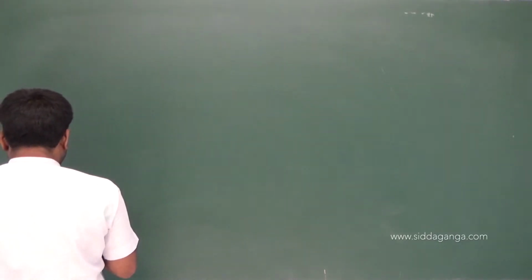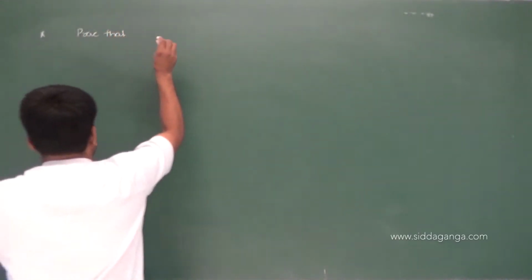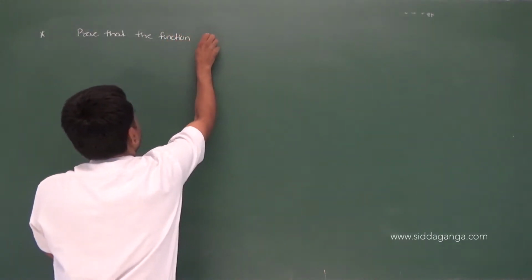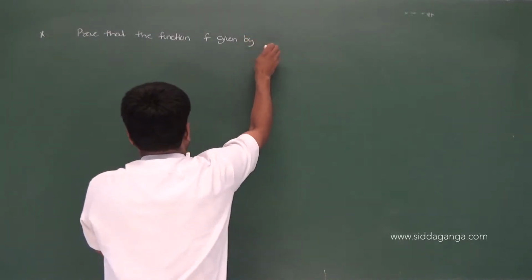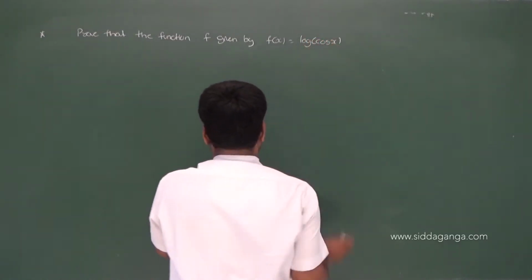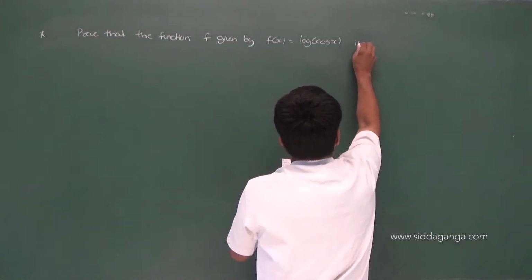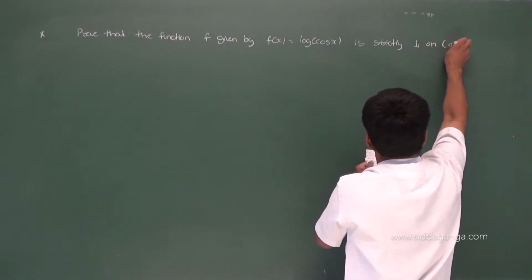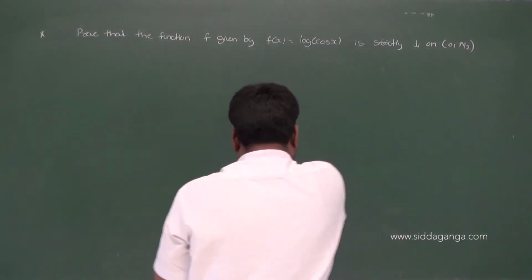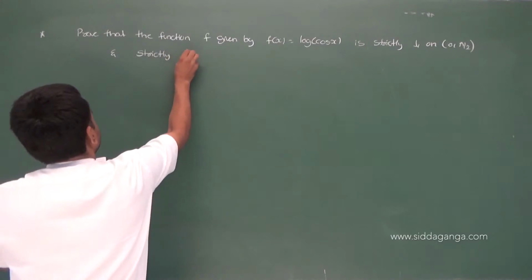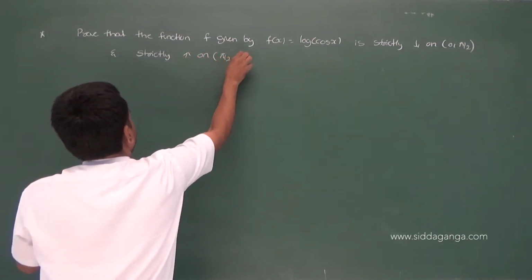Next one, same type problem. Prove that the function f given by f of x is equal to log of cos x is strictly decreasing on 0 to pi by 2 and strictly increasing on pi by 2 to pi.